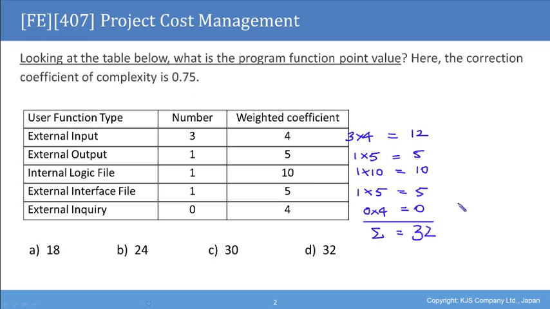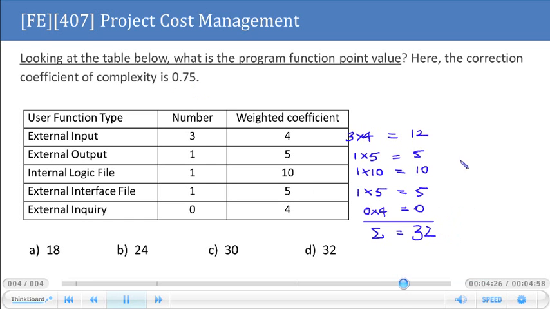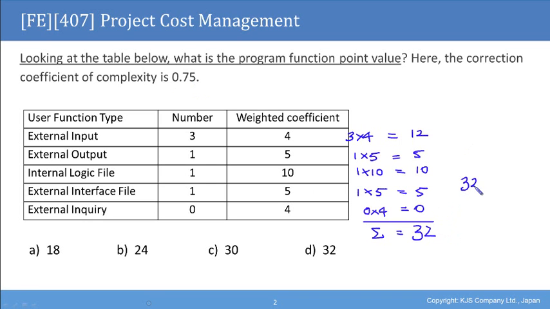We need to multiply 32 by 0.75, which is 3/4 of 32, which we know gives us 24, and that is our answer. And we have the option 24, so the answer is B, 24. The program function point value is 24.